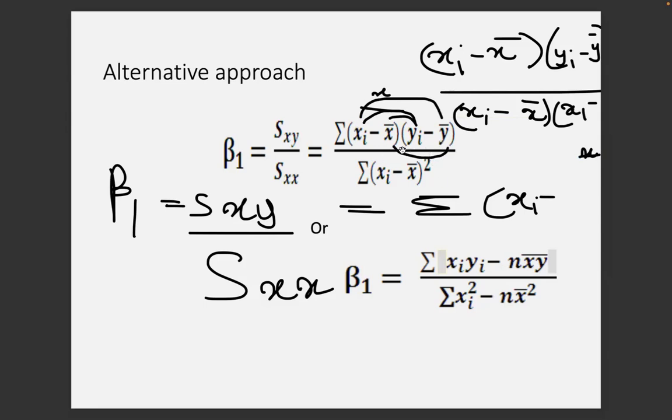If we simplify this first equation, then at the end you will receive the same equation for B1, that is sigma xi yi minus n x bar y bar divided by sigma xi squared minus n x bar squared.